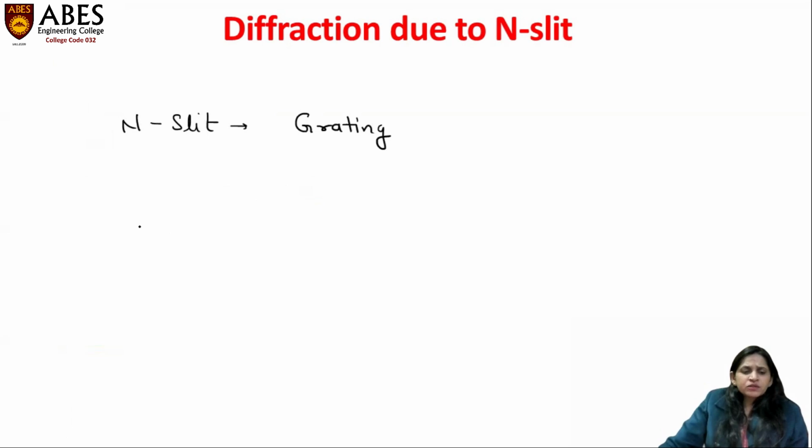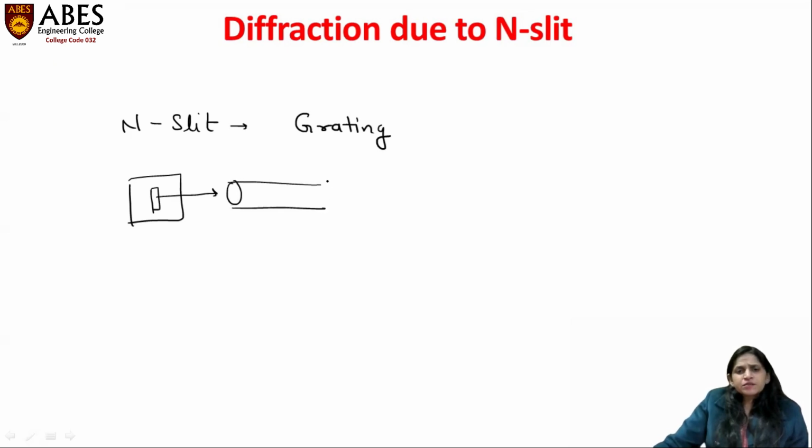In the lab also, you would have done the experiment where a mercury lamp is kept inside a box with a broad slit, and the light is incident on the collimator, which is a part of the spectrometer.